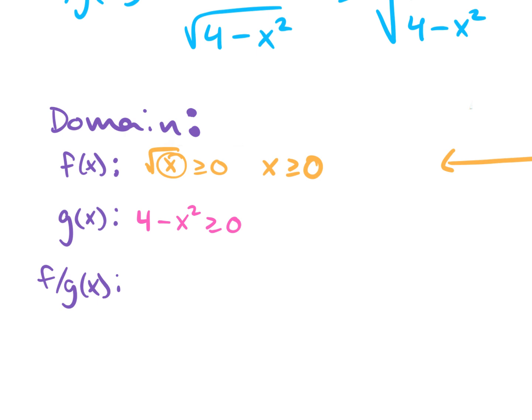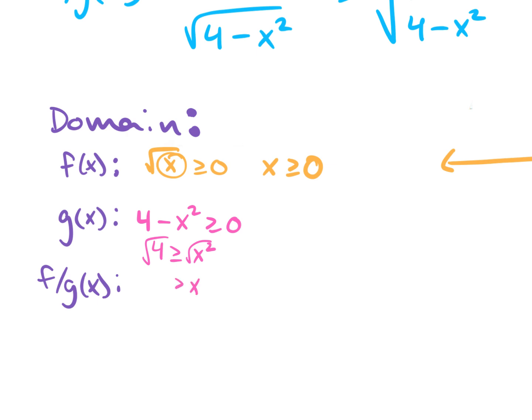When we're solving, there are a couple different ways that we could do this. We could move the x squared to the other side, so 4 is greater than or equal to x squared. So just added it to move it to the other side. And then square root both sides.